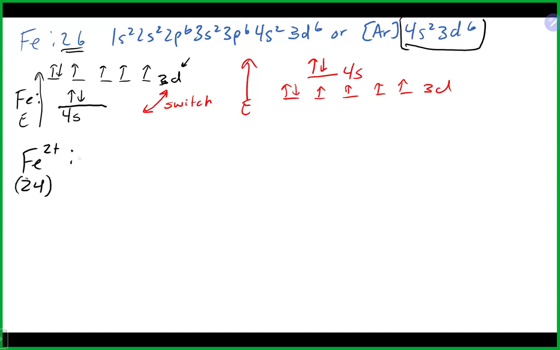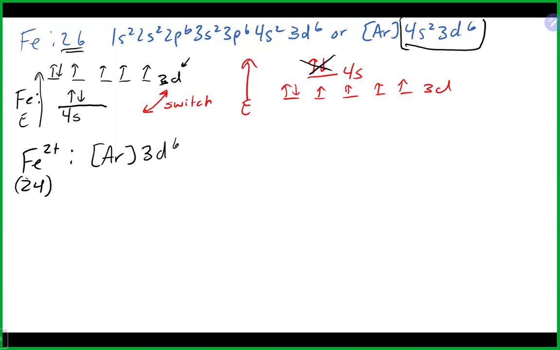Its configuration will be argon, and the 2 electrons it's going to lose first are the s electrons because they are higher in energy. So it would be argon 3d6. Again, sometimes people screw up the transition metals because they're used to taking the electrons out of the very last thing written in the electron configuration. But here it actually is those 4s.